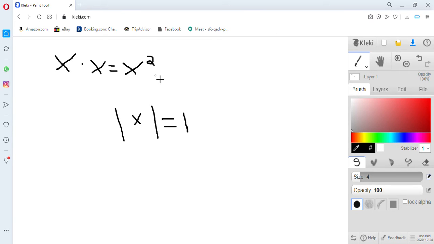So 1 times 1 is 1, but it can also be 1 squared, which is still going to equal 1. So the number right here is an exponent, which is spelled like this. Exponent.